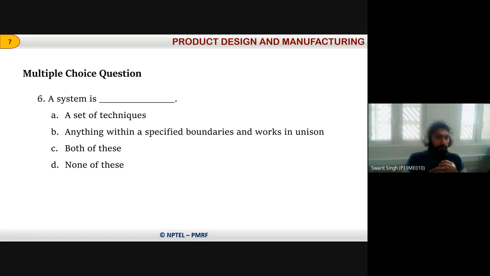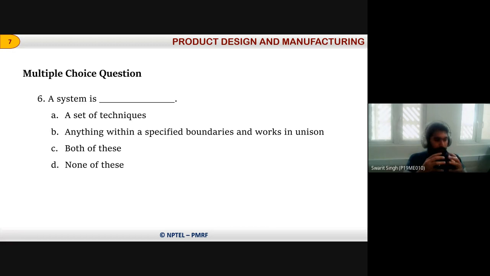A system is not a set of techniques. A set of techniques is the governing protocol for running a system. Technique is the backend thing required for the functionality of a system.